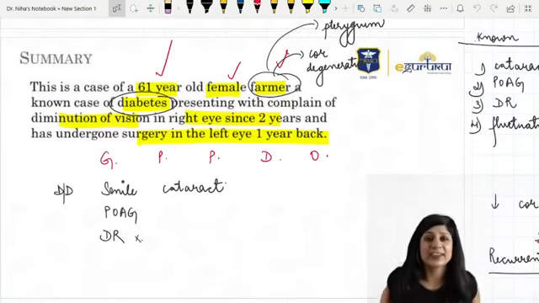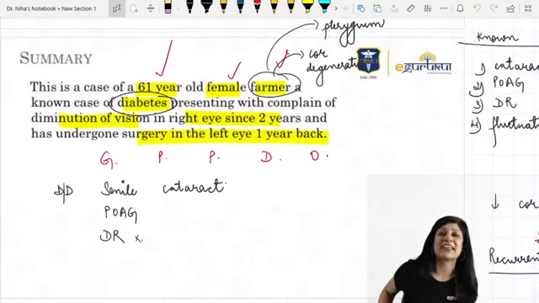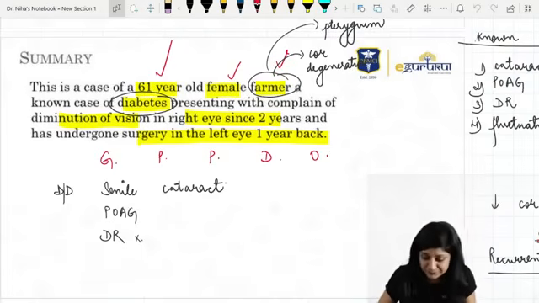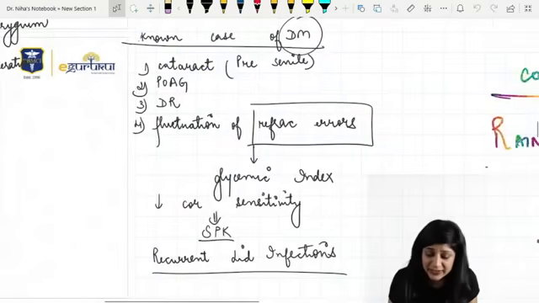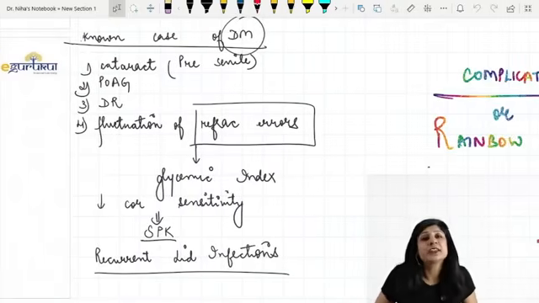Yes or no? We have already done this, and I know you people have started with your wards and you are facing the same things, people having gradual, painless, progressive diminution of vision. So we had discussed a lot of the DDs also, what this patient can have.